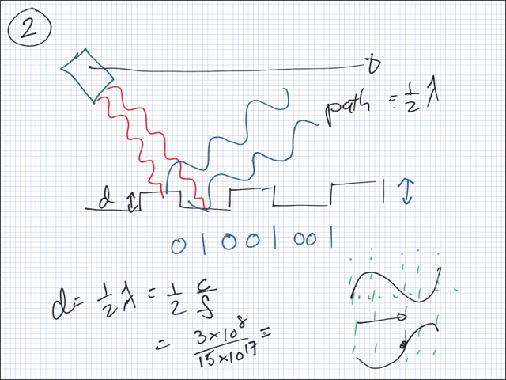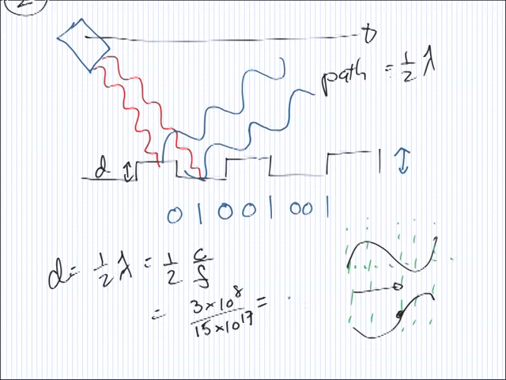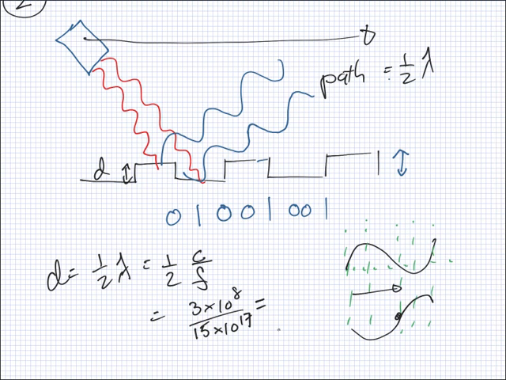So what do you get there for that one? Two times 10 to the minus 10, which is 20 nanometers, which is quite small.